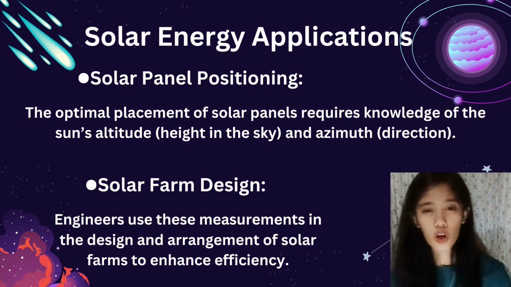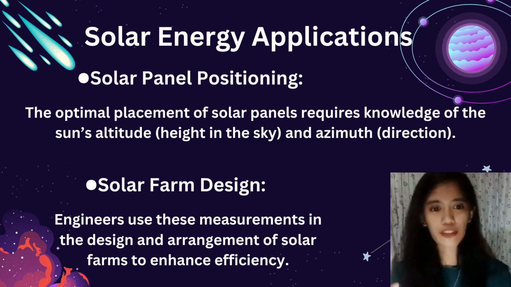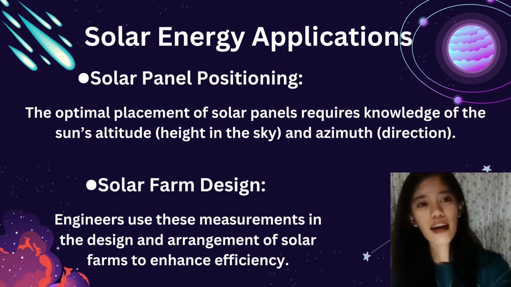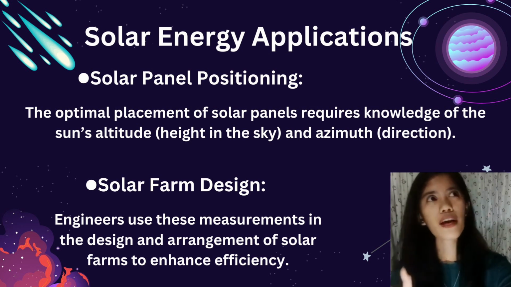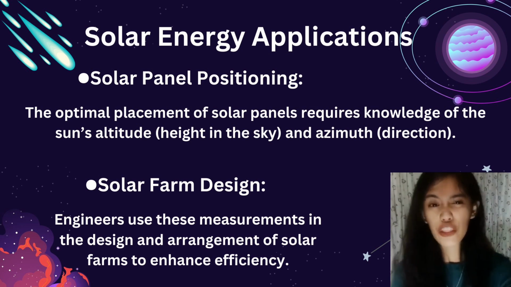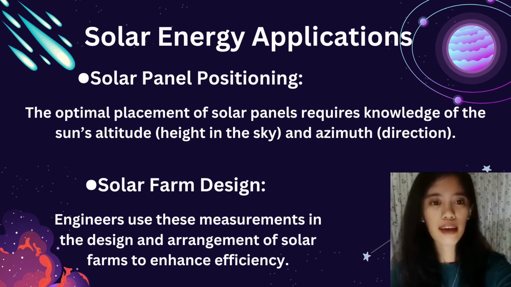So moving on, we have solar energy application. Now, solar panel positioning. The optimal placement of solar panels requires knowledge of the sun's altitude, which is the height in the sky, and azimuth, or the direction. This helps maximize energy capture throughout the day and year.